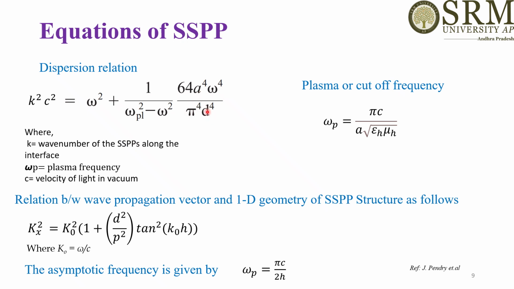Here a and d are the geometric properties of that 1D corrugated structure. k is the wave number of the SSPP along the interface, omega_p is the plasma frequency, and c is the speed of light in vacuum. The equation for plasma and cutoff frequency is omega_p equals pi by c a times root of epsilon_h and mu_h, where epsilon_h and mu_h are the permittivity and permeability of the materials.